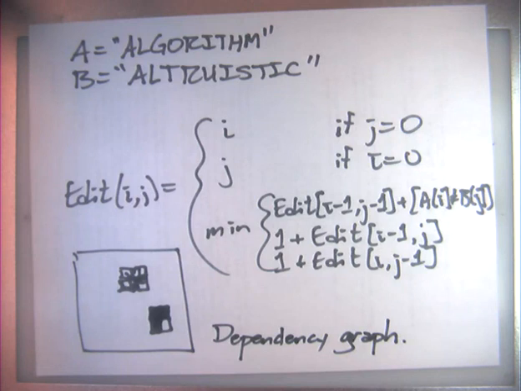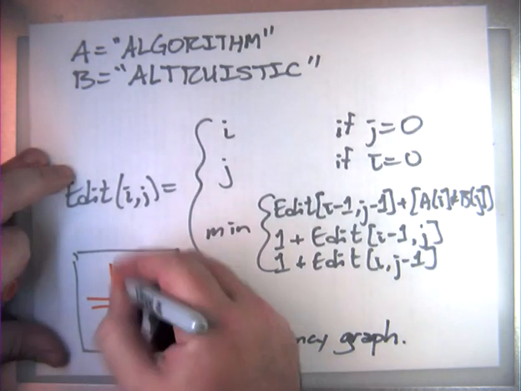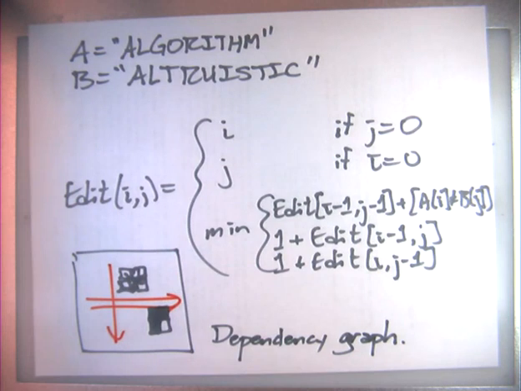Now, because of the special structure of the dependency graph in this case, we can do that just by having a pair of nested for loops over the 2D array. Maybe the outer loop goes column by column and the inner loop goes row by row. That's good enough to give us a proper ordering of the problems in the dependency graph.